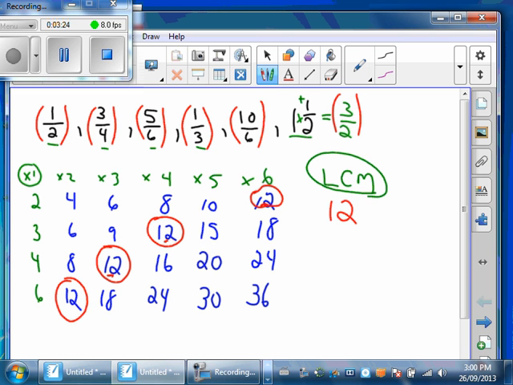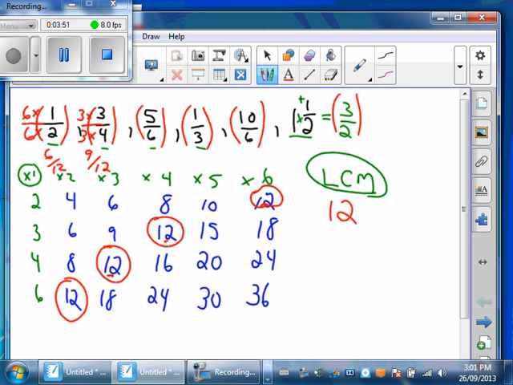Okay, let's take a look at the first one. We're going to have to multiply this one by 6, because 6 times 2 is 12, and 6 times 1 is 6, so this now becomes 6 over 12. This one is going to have to multiply by 3, because 3 times 4 is 12, and this becomes 9 over 12.